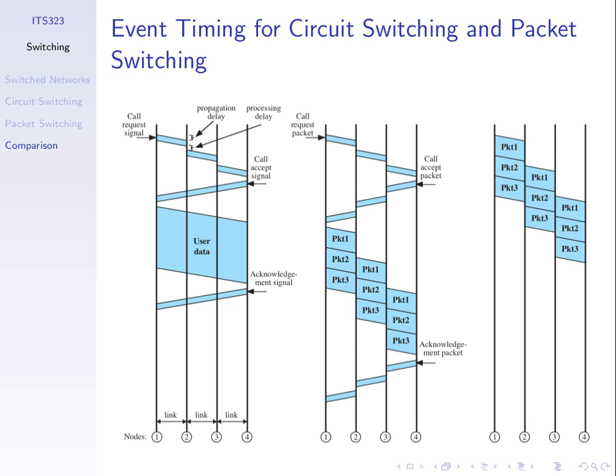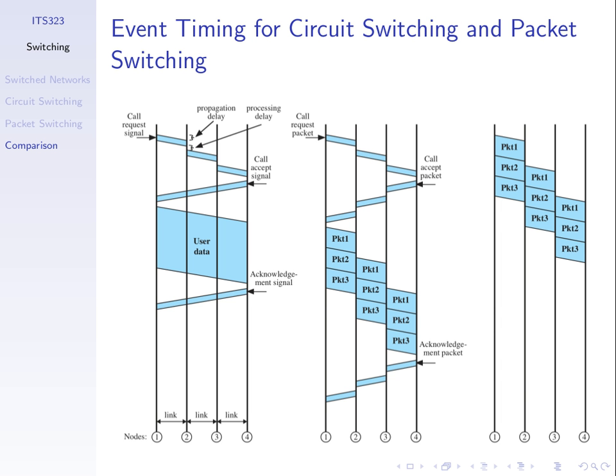Another aspect with what we just showed there was the data delivery and packet switching. If we were using datagram packet switching, that's the only delay. That is this case. This is datagram packet switching. In this diagram, we have circuit switching on the left, virtual circuit packet switching in the middle, and datagram packet switching on the right.